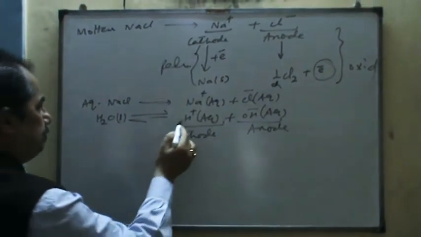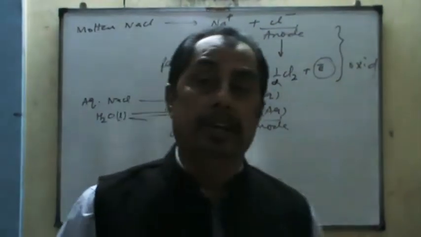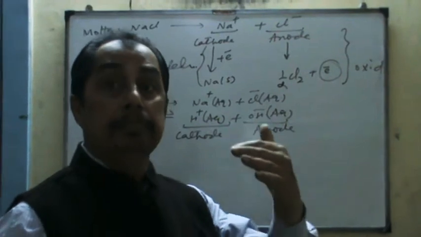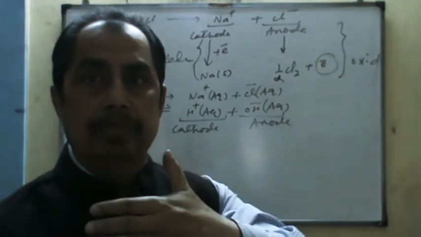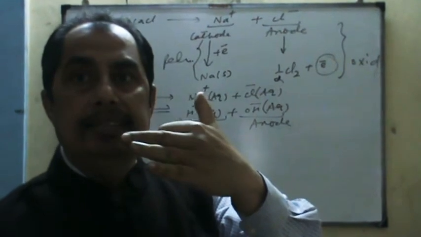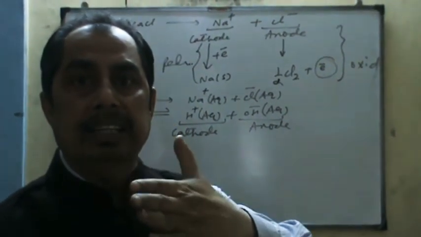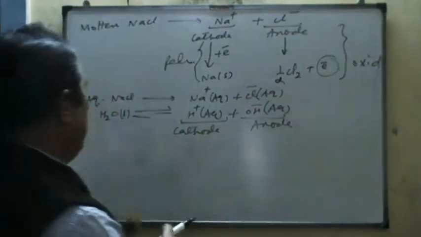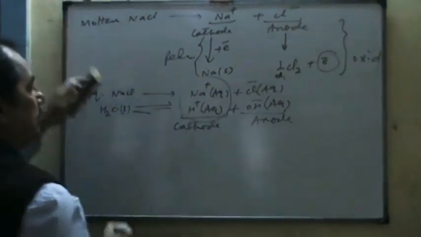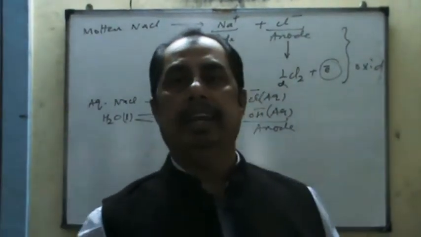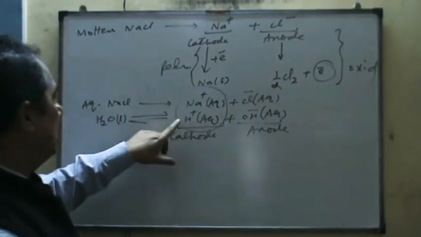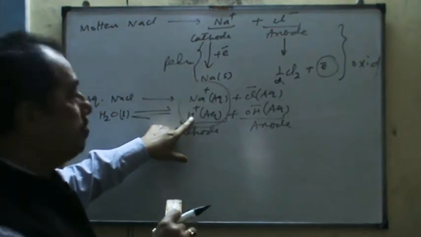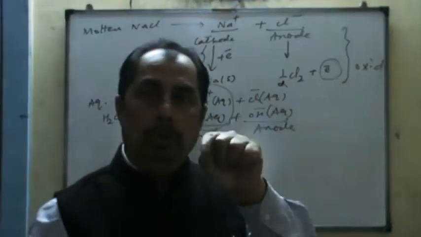So at the cathode, we have to compare the reduction potential. Keep in mind the electrochemical series: lithium, potassium, sodium, magnesium, aluminum, then iron, then zinc, copper, mercury, Ag, Au, and last fluorine. So at the cathode there is a competition between sodium ion and hydrogen ion. The reduction potential of hydrogen ion is 0 because it is the standard electrode potential SHE, and sodium is negative.